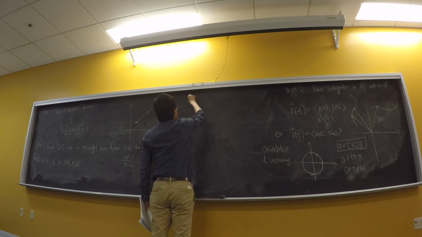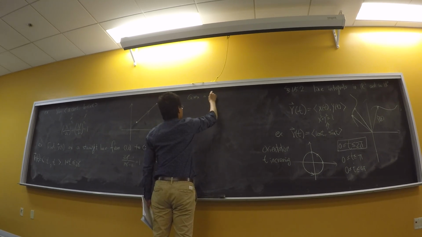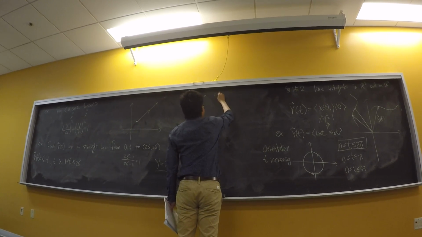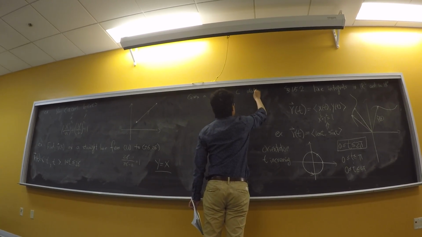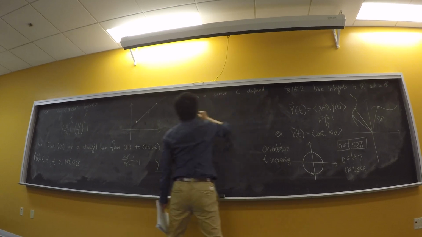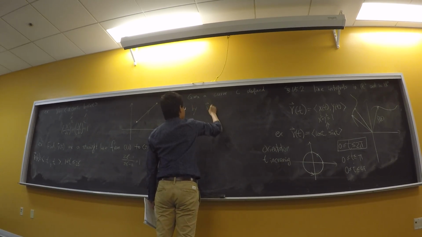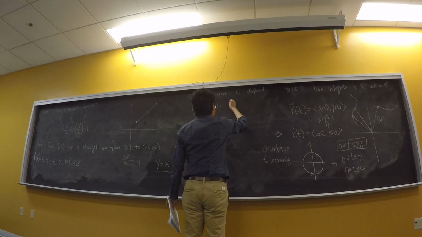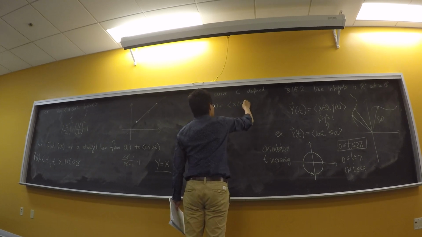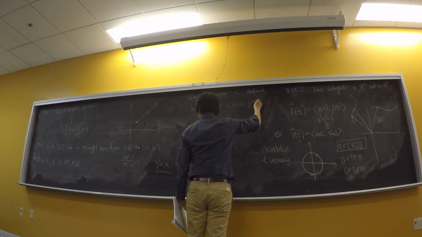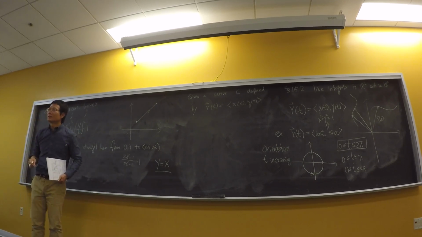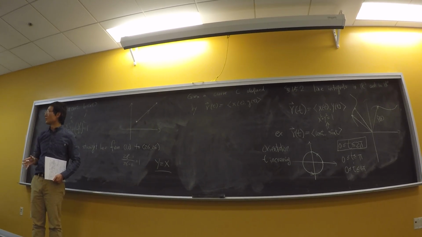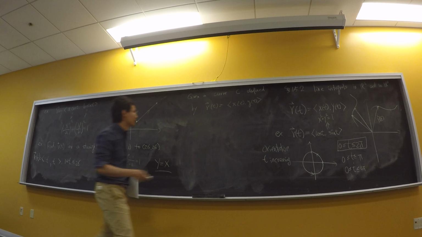So given a line, or strictly speaking, a smooth curve C defined by r(t) = (x(t), y(t)). You learned about the arc length of a curve, how to find the arc length of a curve.